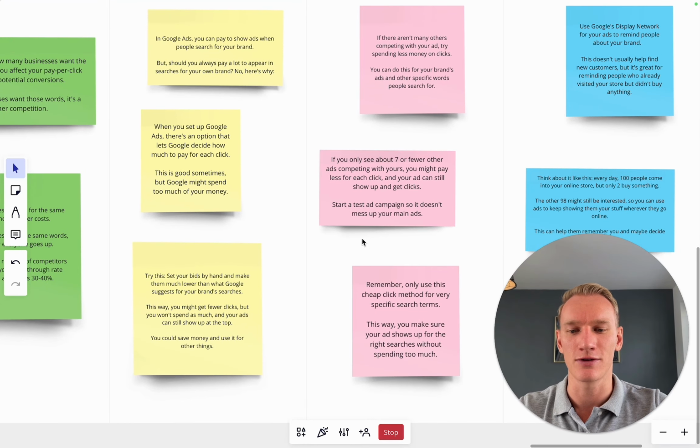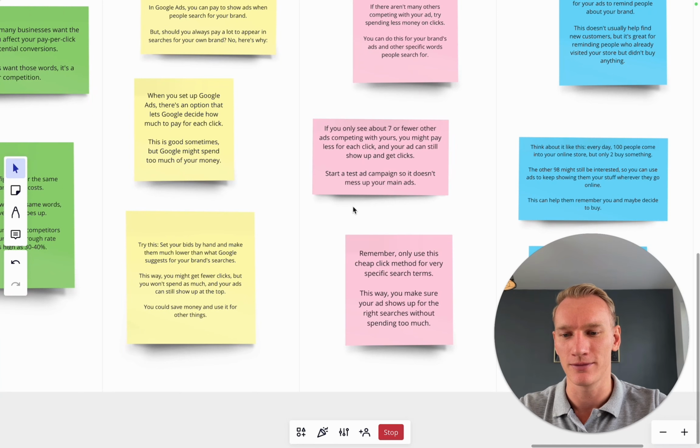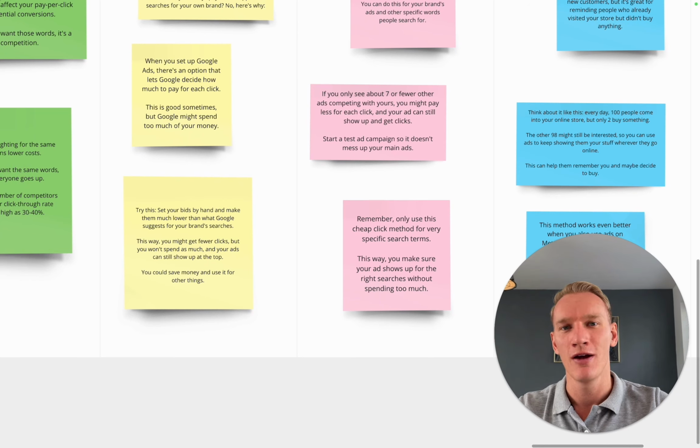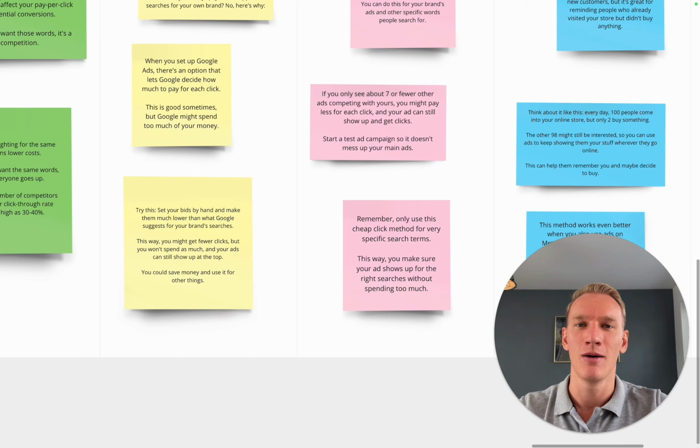You can test this with different strategies in your account and test different ads with a lower cost per click, right? You can do manual bidding and underbid the market price and still see if you show up, with the search impression share and the click rate. Remember, this only works with very targeted and narrow keywords, and only if the competition is not as popular, so not on broad keywords where Google is selecting more keywords in the same category, right?